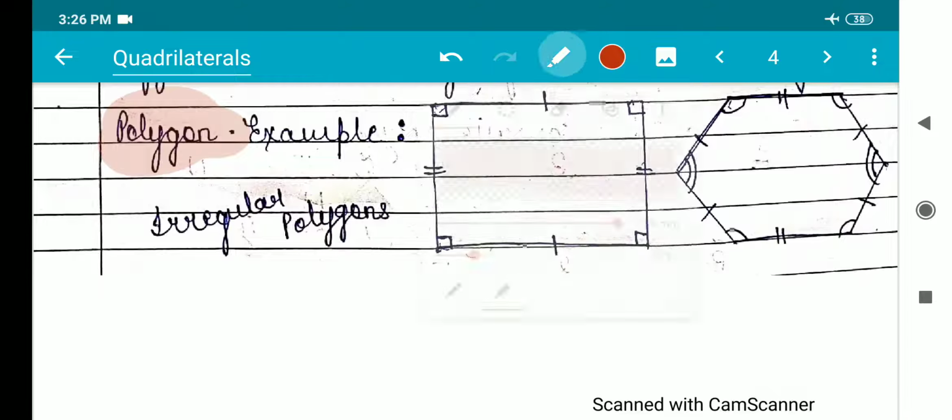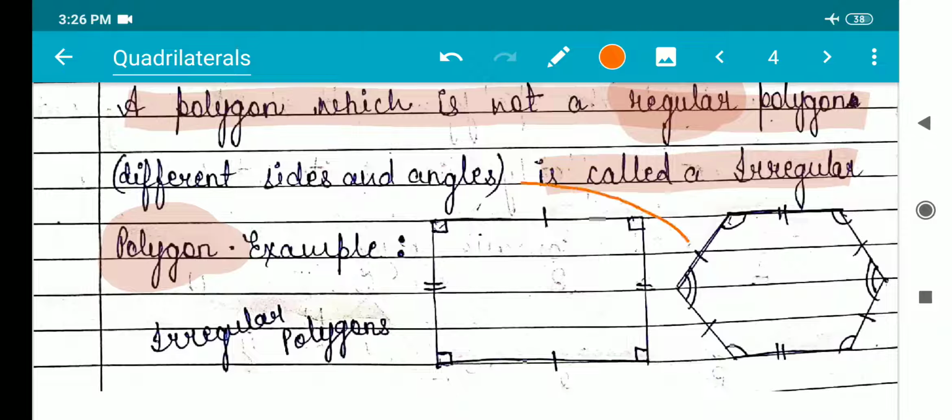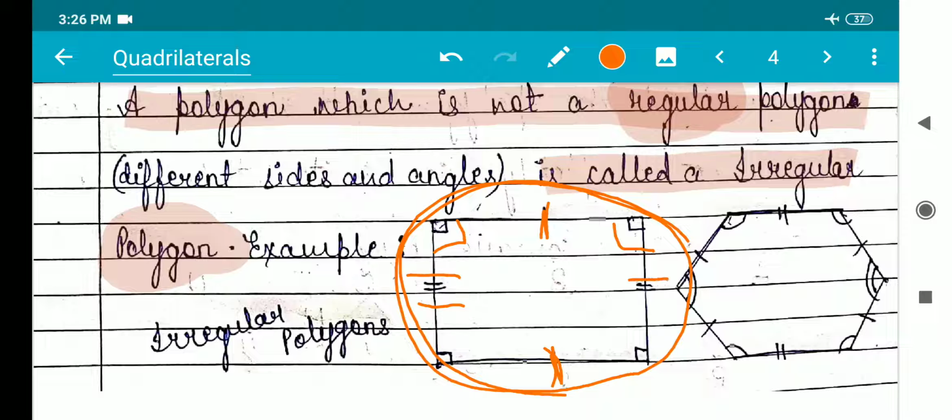So two examples are here. This is a rectangle. You can see their angles are the same, which is 90 degrees, but their sides are not equal. These two sides are equal and these two sides are equal, but all the four sides do not measure equal.